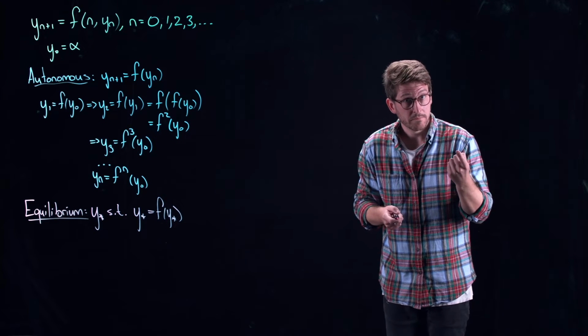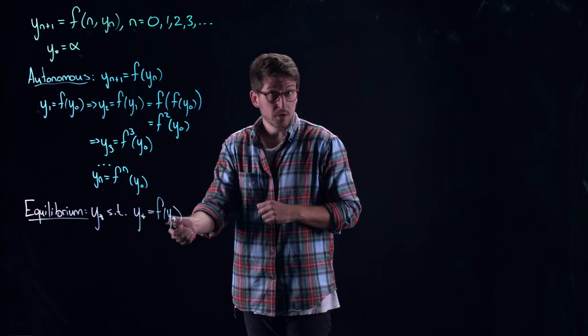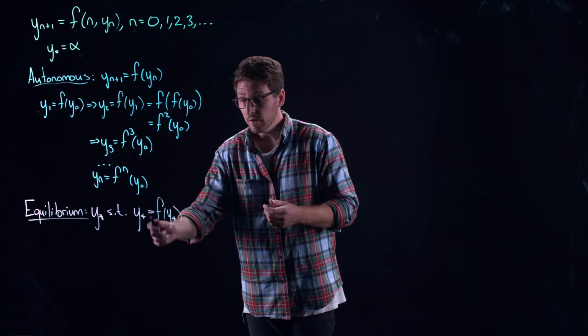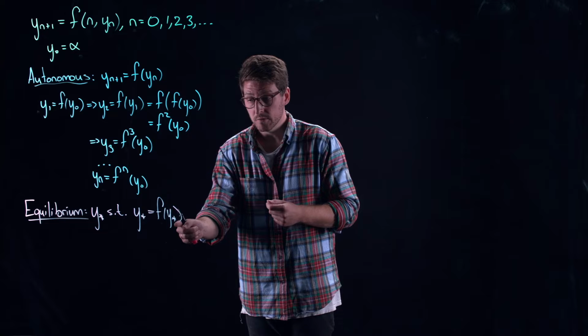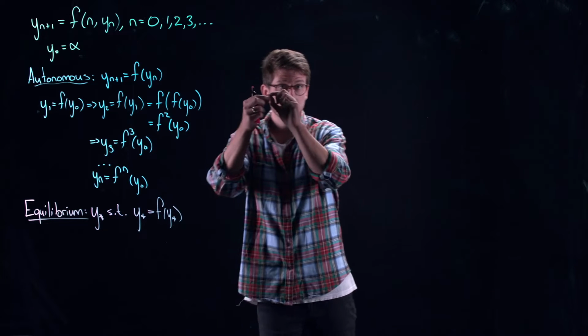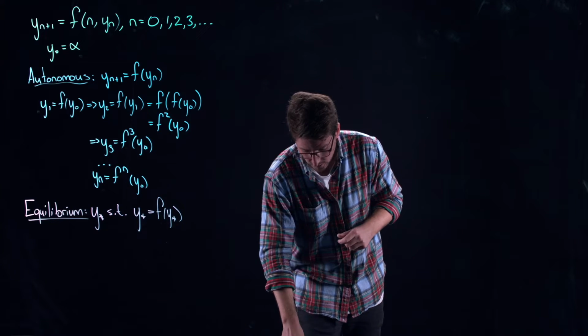Derivative's not moving. In this case, equilibrium, again, means you're not moving, but we don't have a derivative in here to quantify that. So the way we show that something's not moving is we say if you put it into f, you get it right back out. Just going back to where you started. Nothing is changing from hopping to hopping.